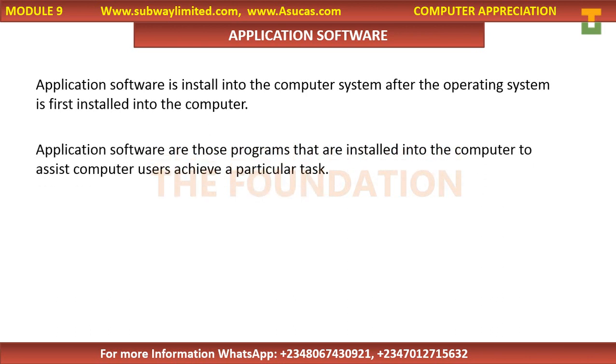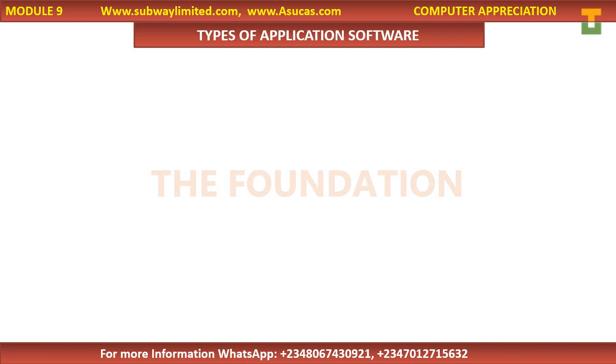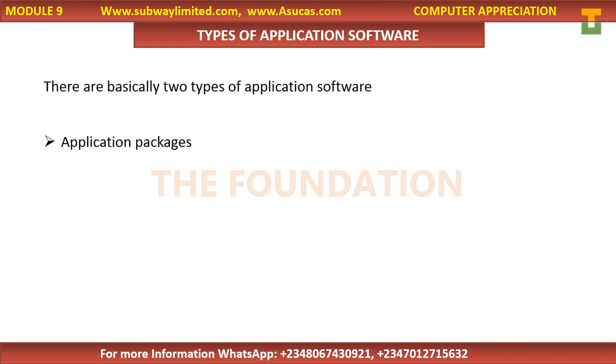So application software are those programs that are installed into the computer to assist computer users achieve a particular task. We already know that. So, types of application software: there are basically two types, application packages and user defined application programs.